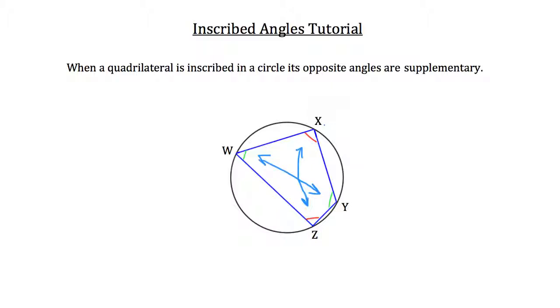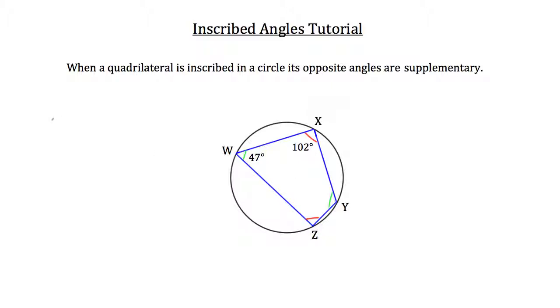So let's take a look at an example problem. What if I told you that angle W was 47 degrees and angle X was 102 degrees? Could you solve for angles Y and Z? Well, yeah, because you know that W and Y are supplementary, so they add up to 180 degrees, and X and Z are supplementary, so they too add up to 180 degrees.